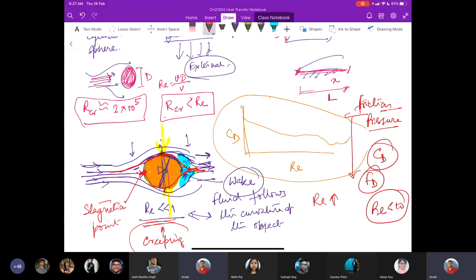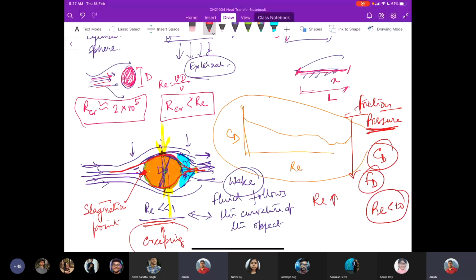As you increase the Reynolds number, there is a clear wake region formation where the pressure is much lesser than at the stagnation point. And then the pressure drag starts to dominate in the drag force term.